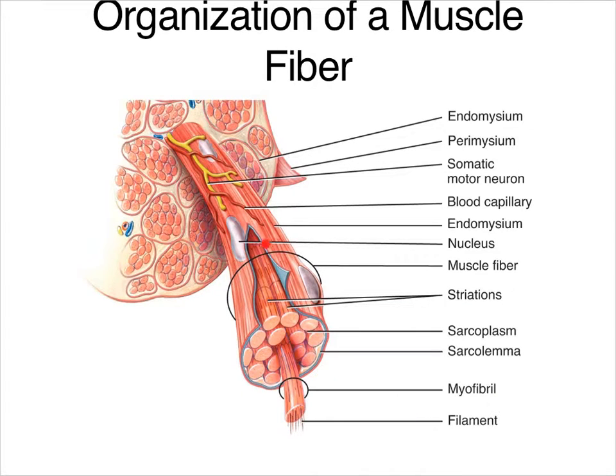The muscle fiber is surrounded by the endomysium, which is primarily connective tissue, primarily reticular fibers. And the cell membrane of the muscle fiber has a special name.